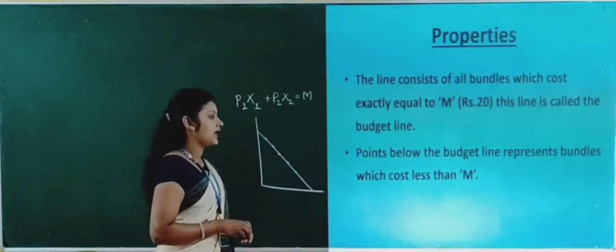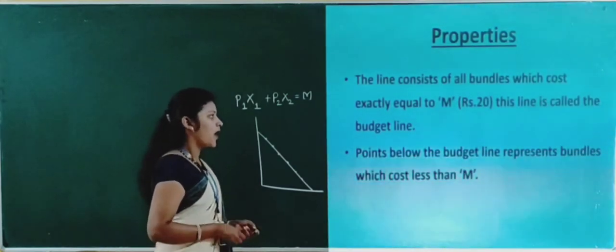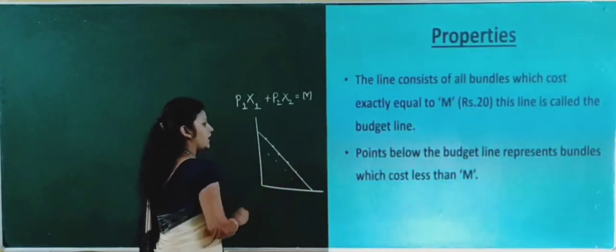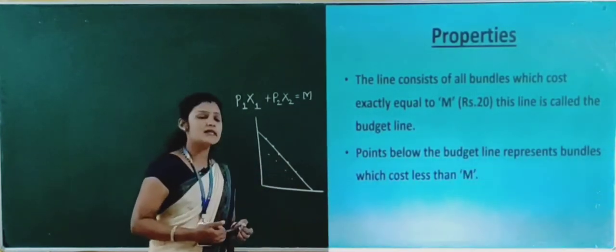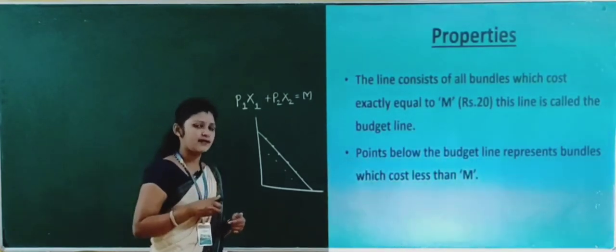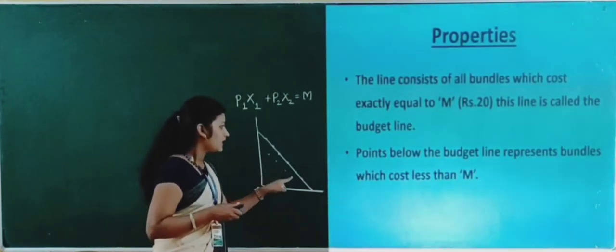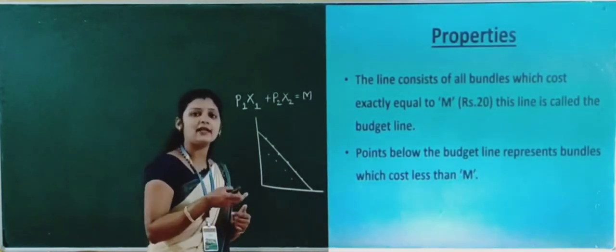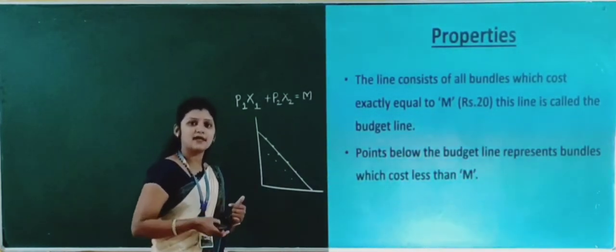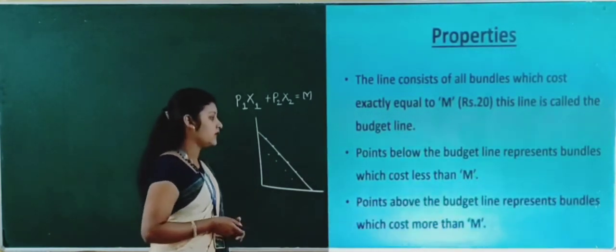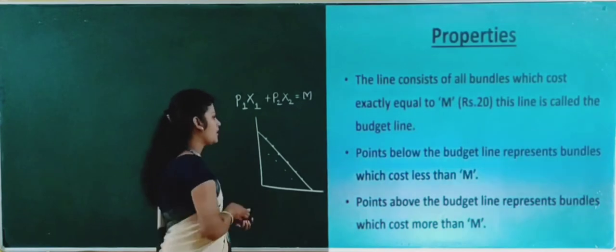Now let's see the second property: points below the budget line. Points below the budget line represent the bundles which cost less than m. M means the money income, that is rupees 20. The third one is points above the budget line.